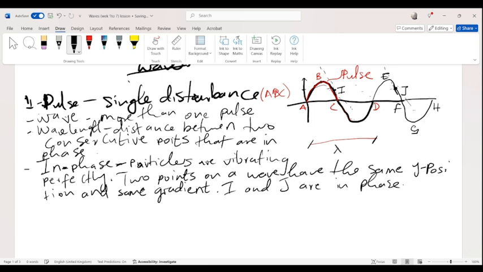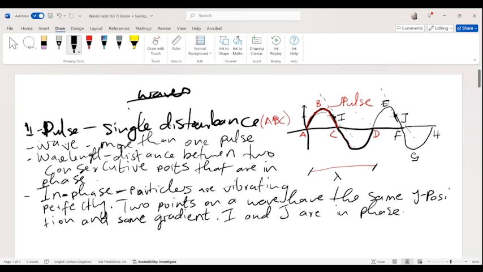So what are other points that are in phase? Let's try A and C. Are they in phase? No, they are not in phase. Why? Do they have the same y position? Yes, they do, but they do not have the same slope. This slope is positive, and the slope at C is negative. Okay, let's try A and D. Are they in phase? The answer is yes.